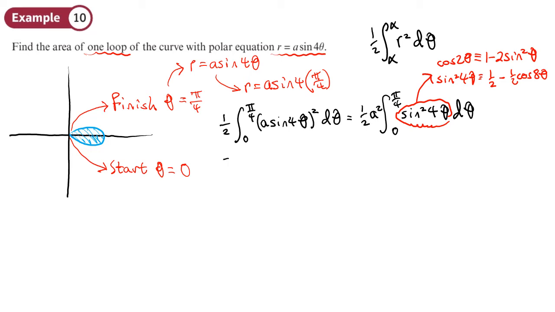So from there we can write half a squared, 0 to pi over 4, and in the sine squared 4 theta place we're going to write half minus a half cos 8 theta, which we're now going to integrate.